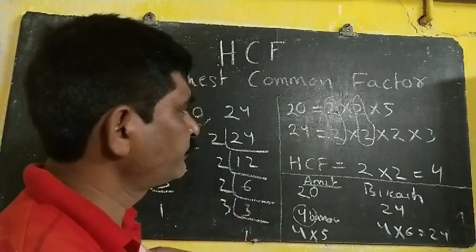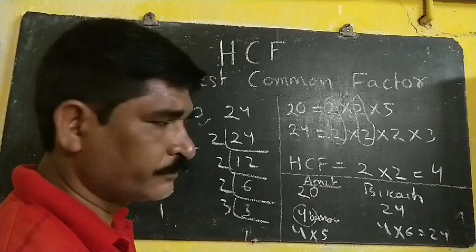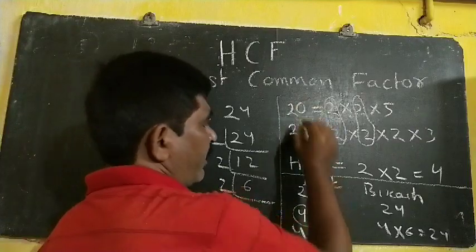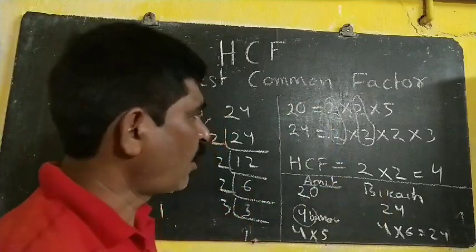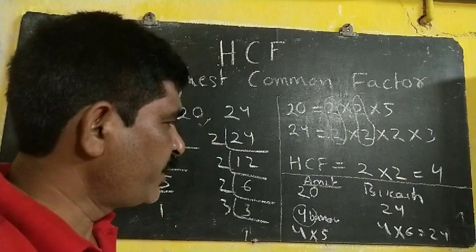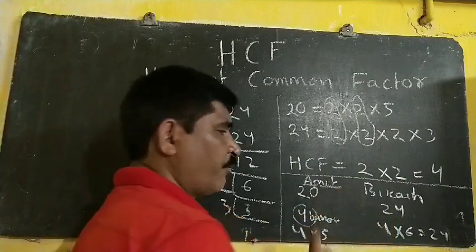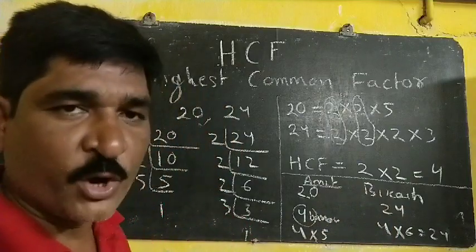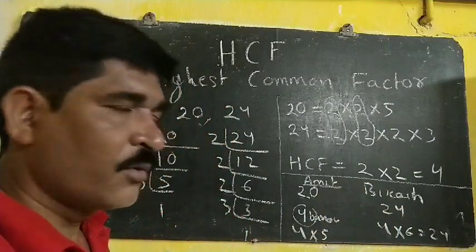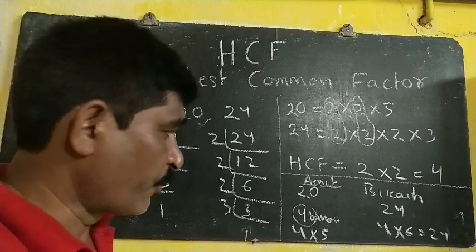Suppose two friends, Amit and Vikas. Amit had 20 chocolates, Vikas has 24 chocolates.